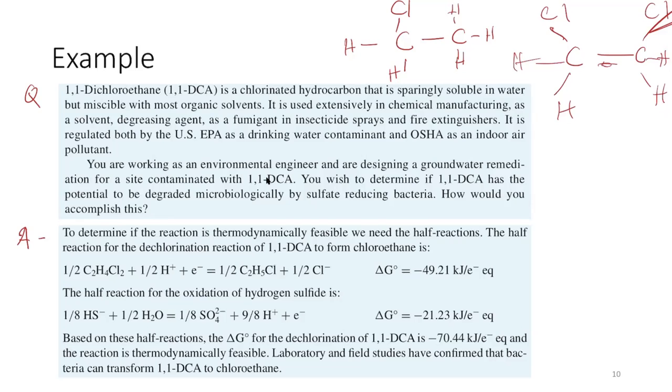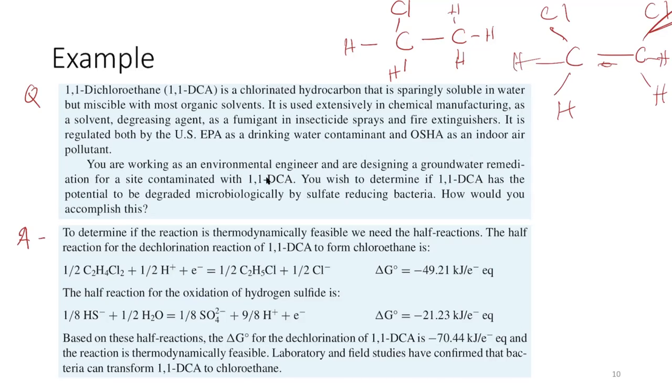It is used extensively in chemical manufacturing as a solvent, degreasing agent, as a fumigant in insecticide spray, and fire extinguishers. It is regulated both by the US EPA as a drinking water contaminant and OSHA as an outdoor air pollutant. Because they are volatile, so that's an air pollutant because they will be in the air.